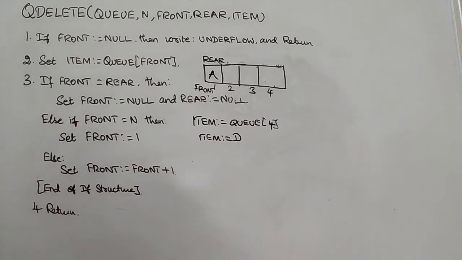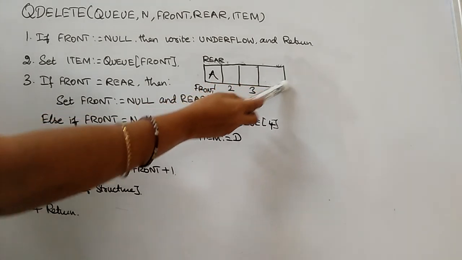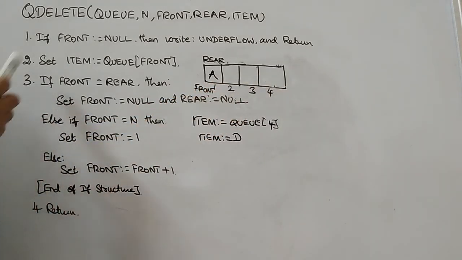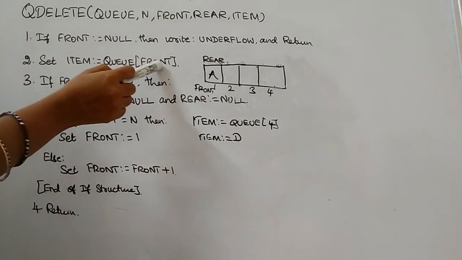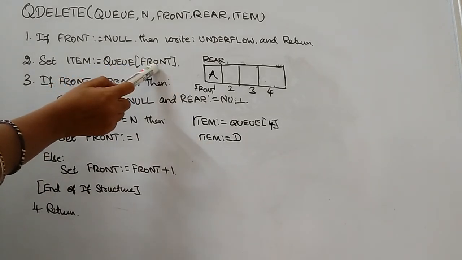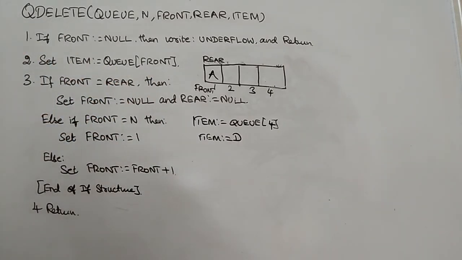Kindly notice one thing: in the algorithm Q insert, we trace the new value of rear, and here we trace the new value of front. The reason is insertion takes place at the rear end and deletion happens at the front end. That's why here we use front as an index for the Q array.